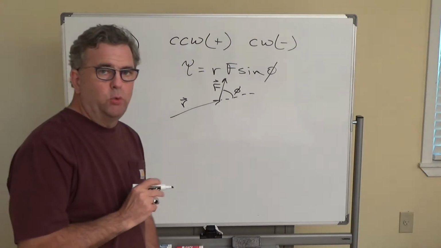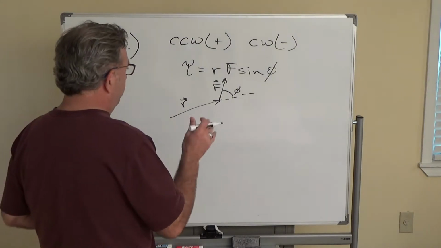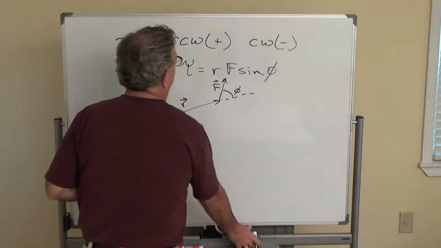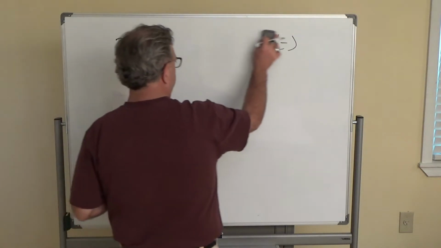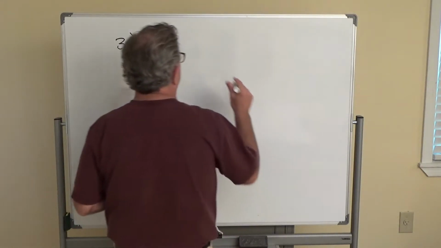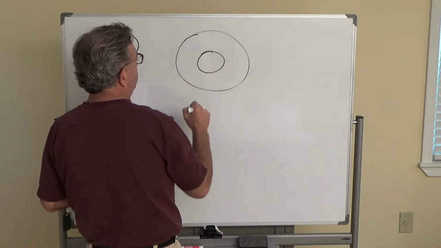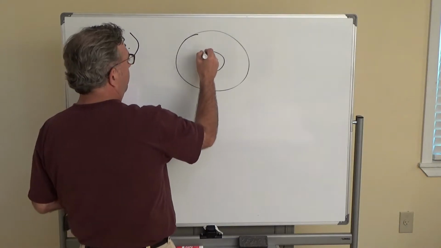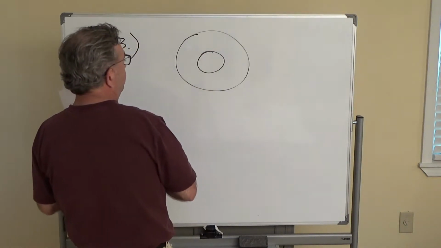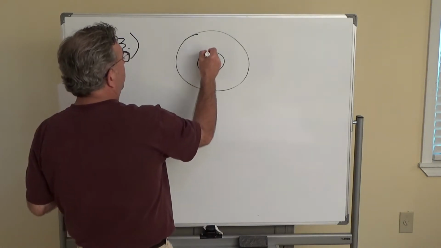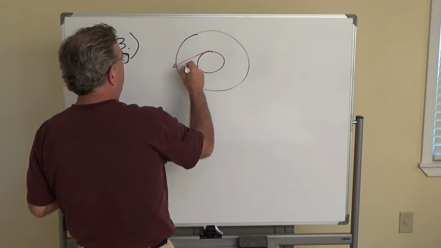It's the angle between R and F. Now, the only one that may give you a little bit of trouble on this problem is the one that they have at the top. I think they have a wheel like this, and then they have a little inner part, and there's a force acting at this point, and they give you an angle for the force.